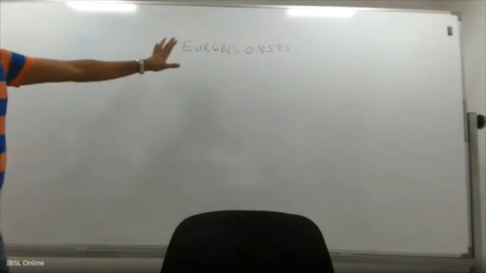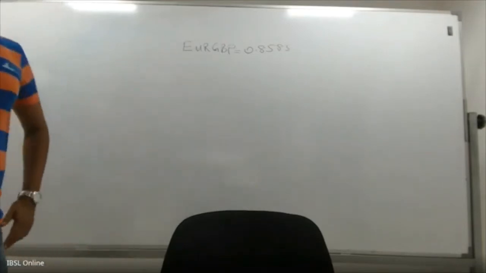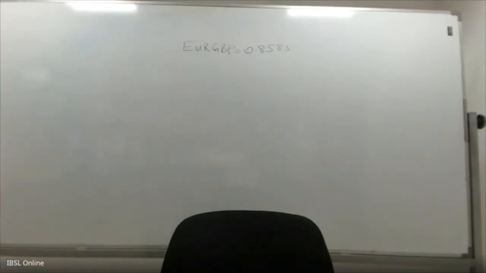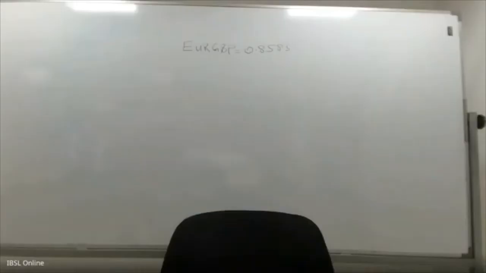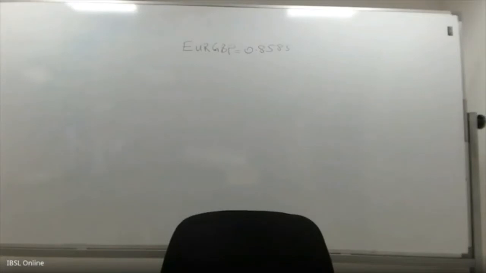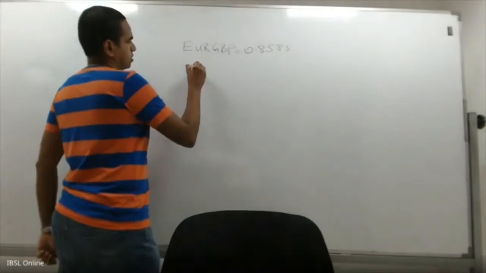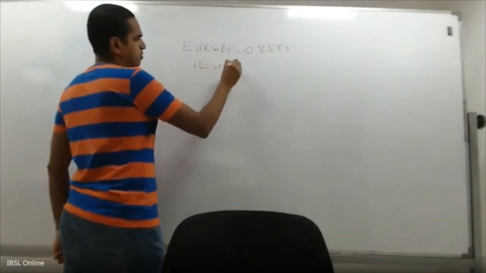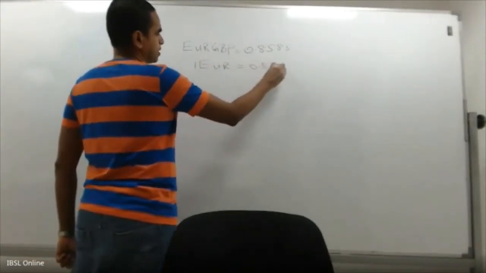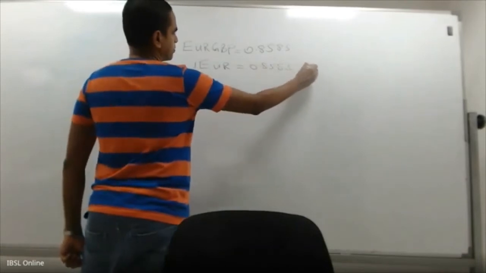And if I may ask you, which currency is strong? What do you think? The euro is strong or the sterling is strong? Sterling. Yeah. Reason? Exchange rate is less than 1, so the base currency is weak. In other words, 1 euro is 0.8585 sterling.